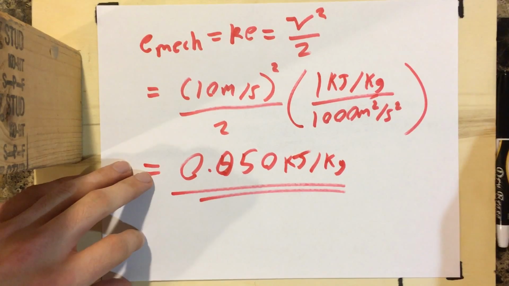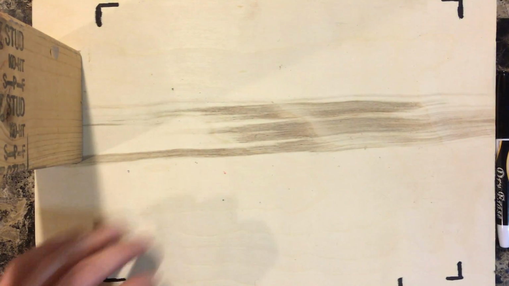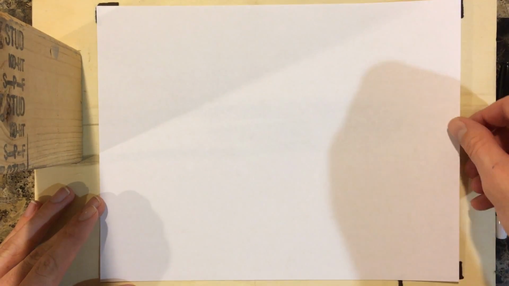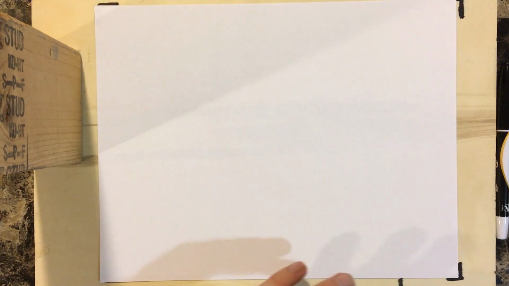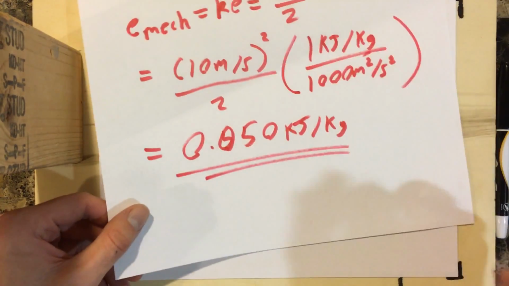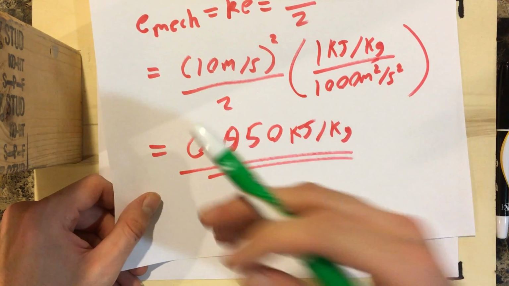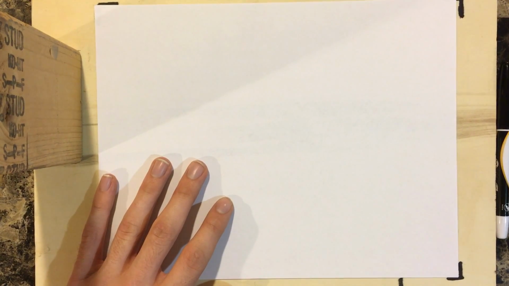So another thing we want to find is the power generation potential of this system. So in order to find that out, we have to do a little bit more work. Now we'll still use this number. We have the energy per unit mass. Now what we want to know is the mass flow rate, like how much mass is going through the system per unit time.